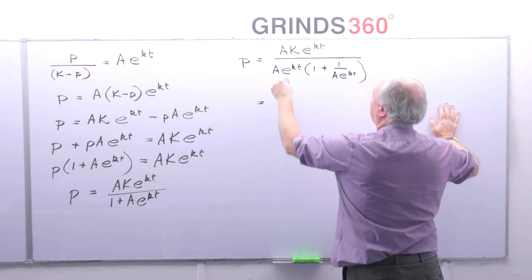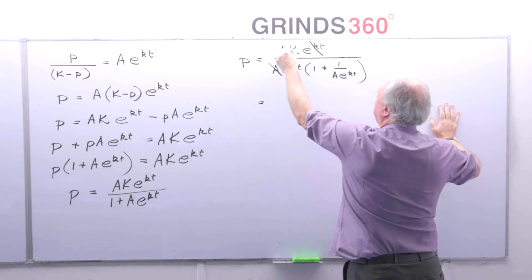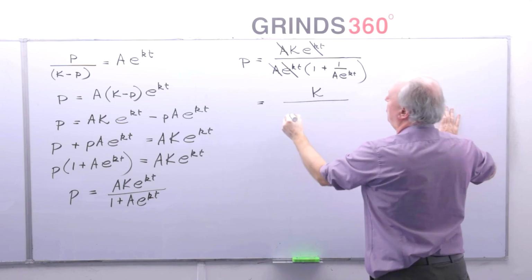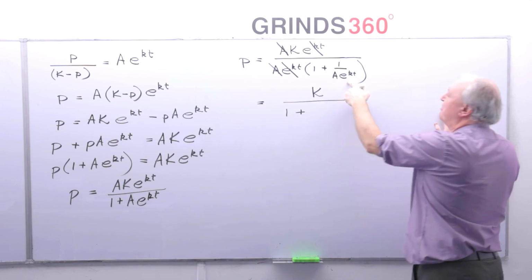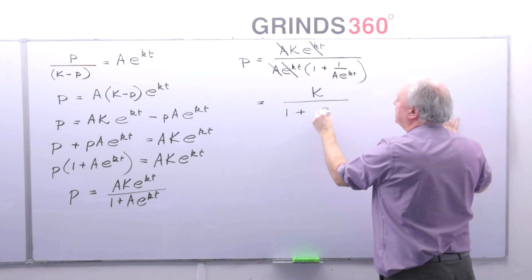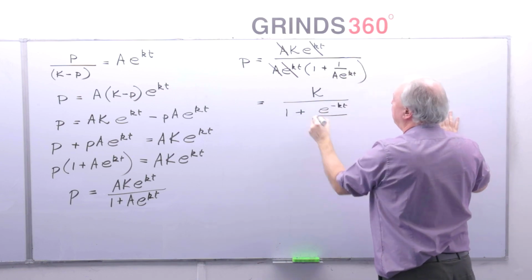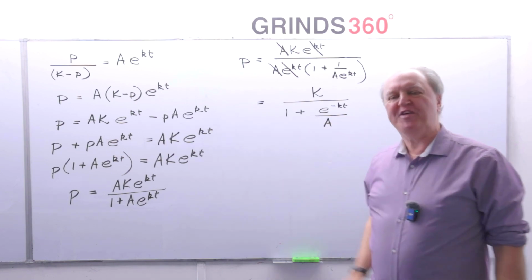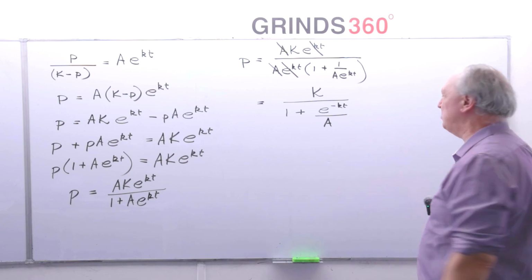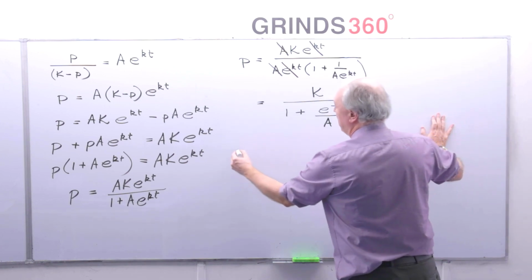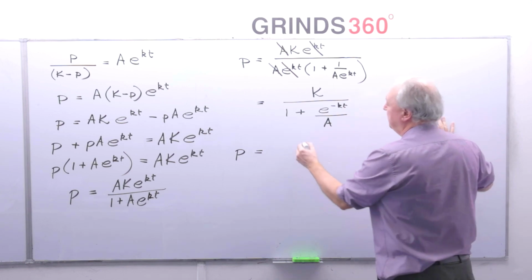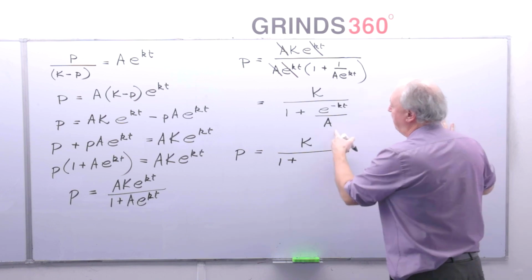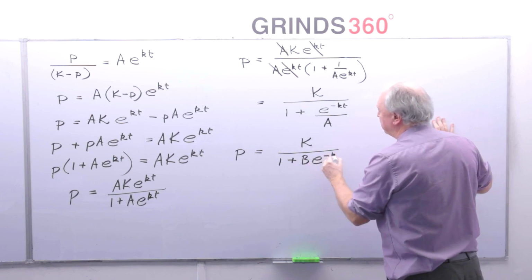I can do a bit of cancelling now. So the A e to the power of kt's cancel. So now I've got K over 1 plus, let me bring that e to the power of kt up to get e to the power of minus kt divided by A. So I've got a 1 over A there. Well, actually, let me turn that into a B. So finally, I'm going to end up with P is equal to K over 1 plus B times e to the power of minus kt.